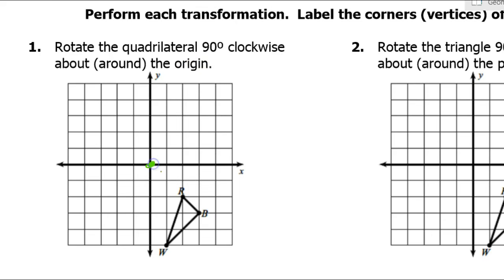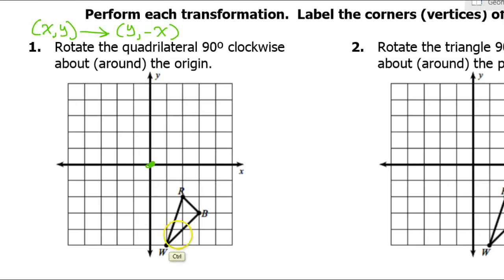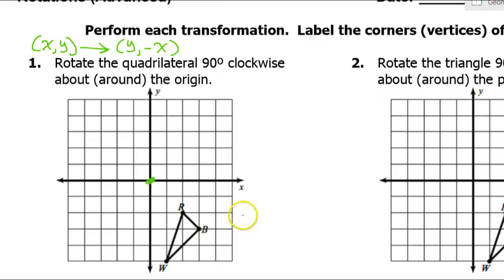So if the origin is the center of rotation, we can simply use the rule for rotating around the origin, which is this. Any point x, y, 90 degrees clockwise, the rule is it will become y and then the opposite of x. So first we will write down the original points.